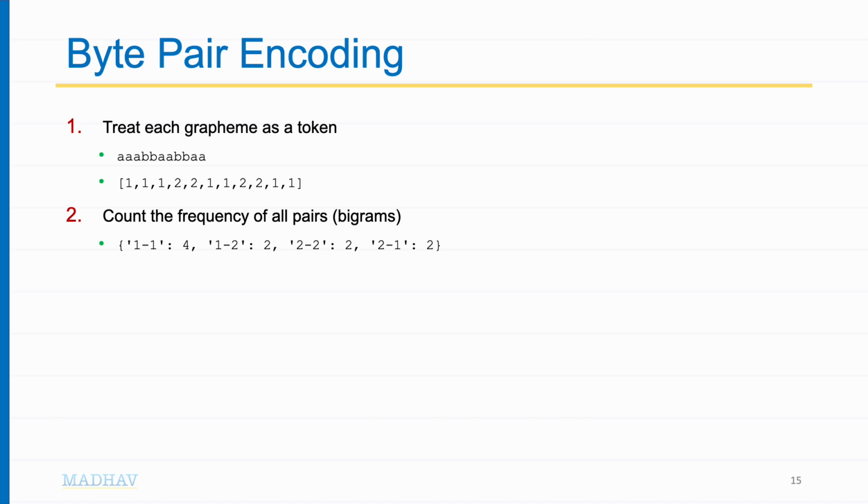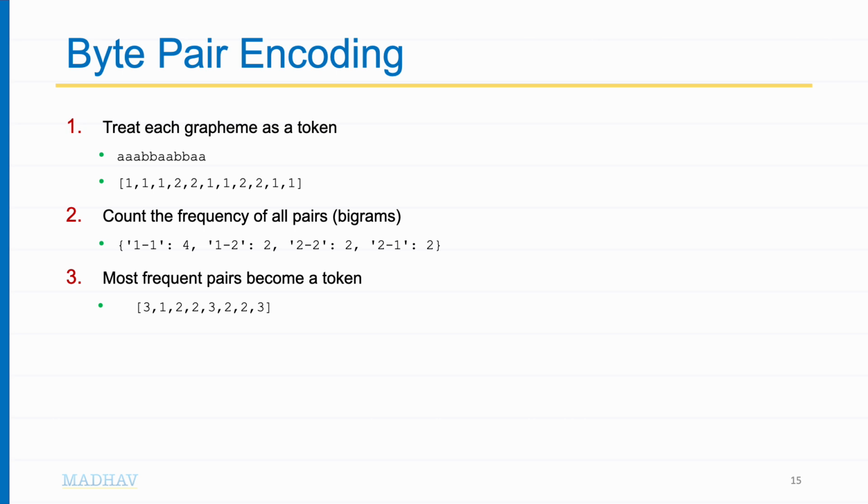AA is occurring 4 times. Can you see that? So the most frequent pair becomes a token. In this case, AA becomes a token. Let's call it 3. Token number 3 is AA.